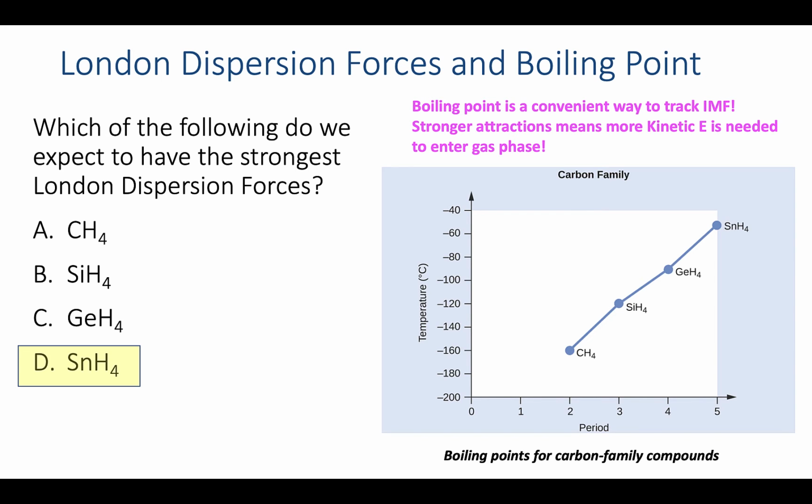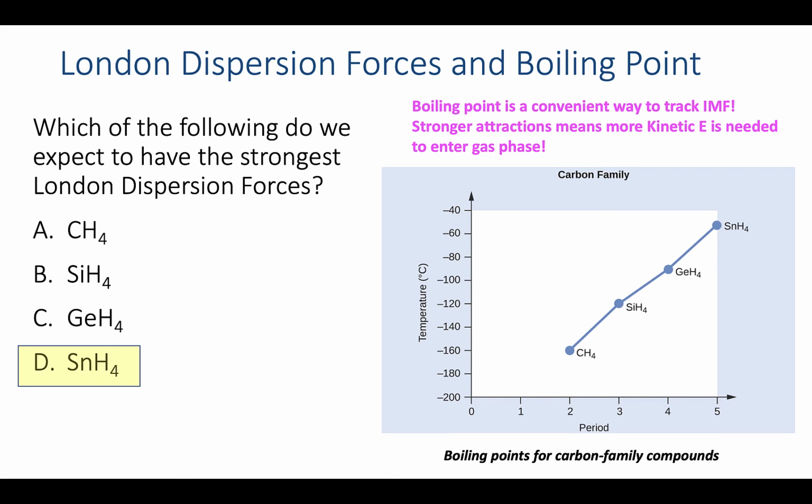And because there's this relationship, we're going to see that boiling point and the strength of intermolecular force are completely intertwined. Because if something has a higher boiling point, that means that its molecules are not inspired to enter the gas phase until they have more kinetic energy. Whereas a low boiling point means that even with relatively small amounts of kinetic energy, we'll still have boiling occur.